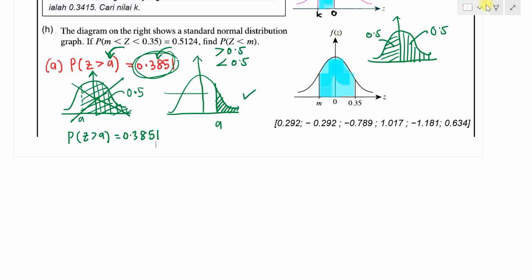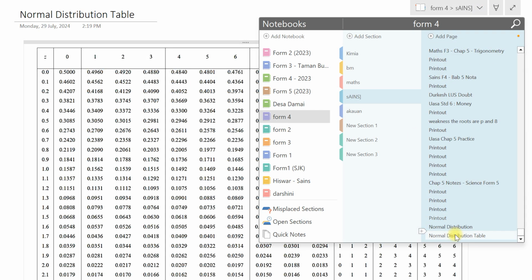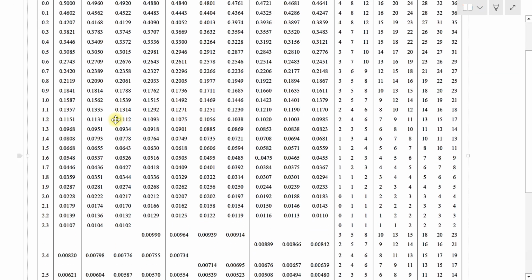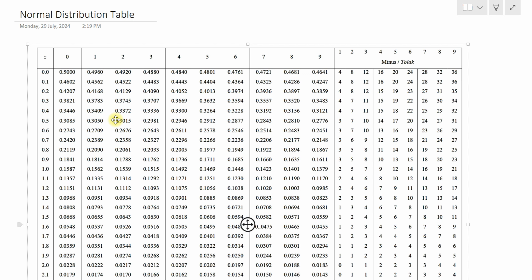Now let's look at the table. We look for the probability very close to 0.3851. It is 0.3859. Previously the next closest was 0.3821, which is smaller than what we are seeking. 0.3859 is slightly bigger than 0.3851.